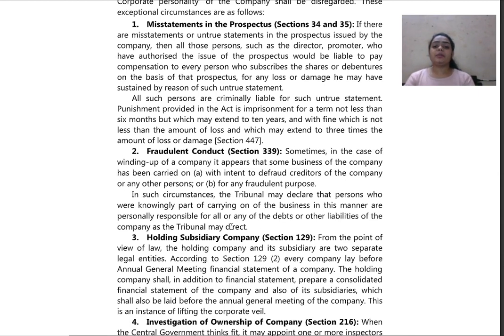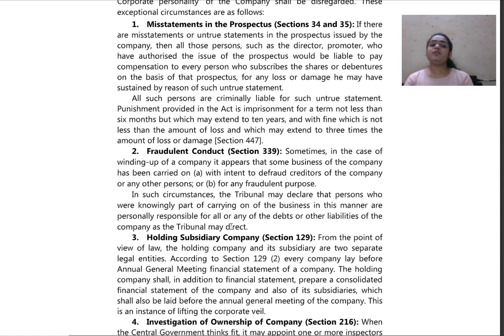All such persons are criminally liable for such untrue statements. Punishment provided in the Act is imprisonment for a term not less than 6 months, but which may extend to 10 years, and with a fine which is not less than the amount of loss and which may extend to 3 times the amount of loss or damage.